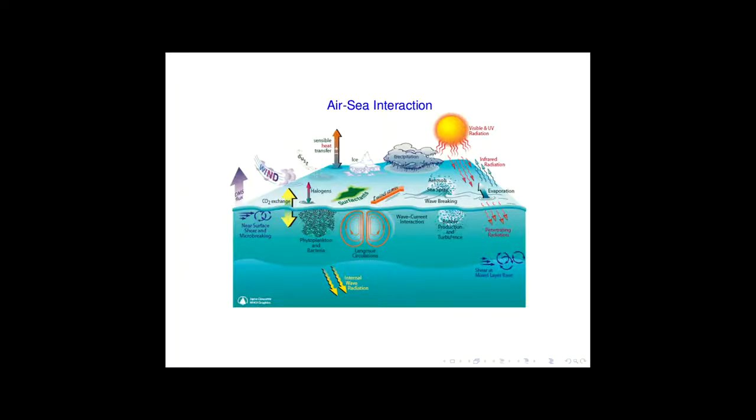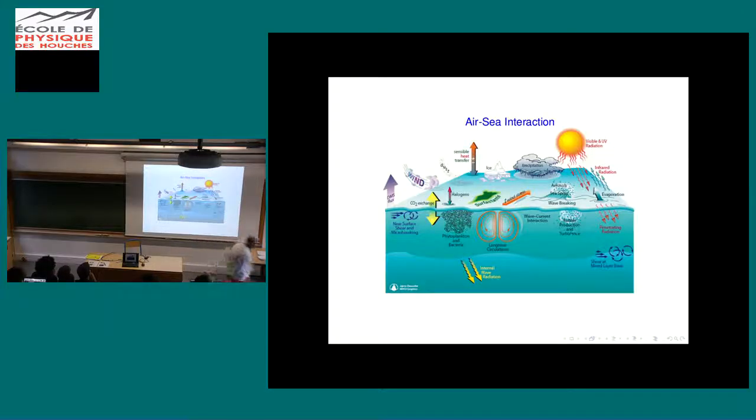And this is another drawing of air-sea interaction, a little bit more scientific. It comes from Woods Hole Oceanographic Institution, and it gives us an idea of what is really going on at the ocean-atmosphere interface. Today I will talk about only one process, the wind stress: the wind imposing a stress on the ocean.